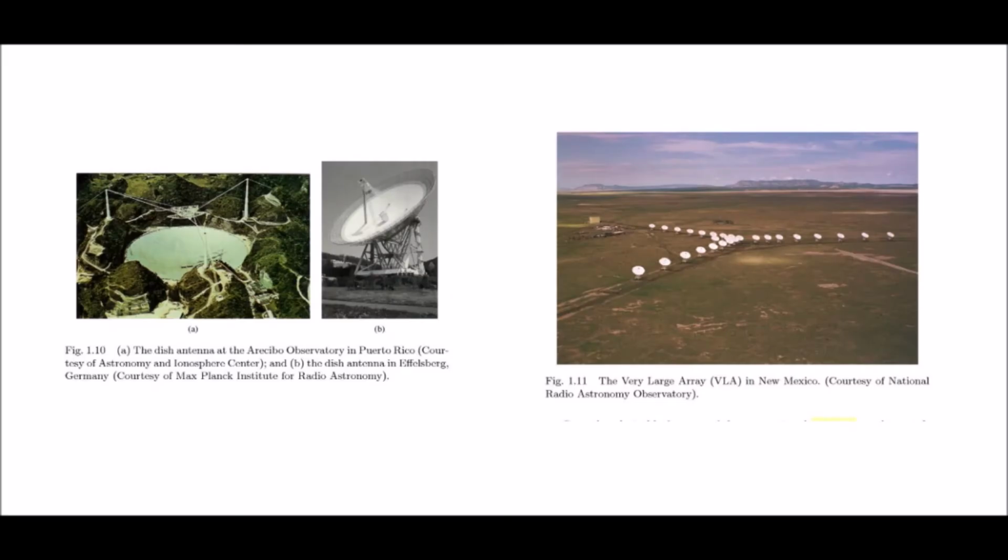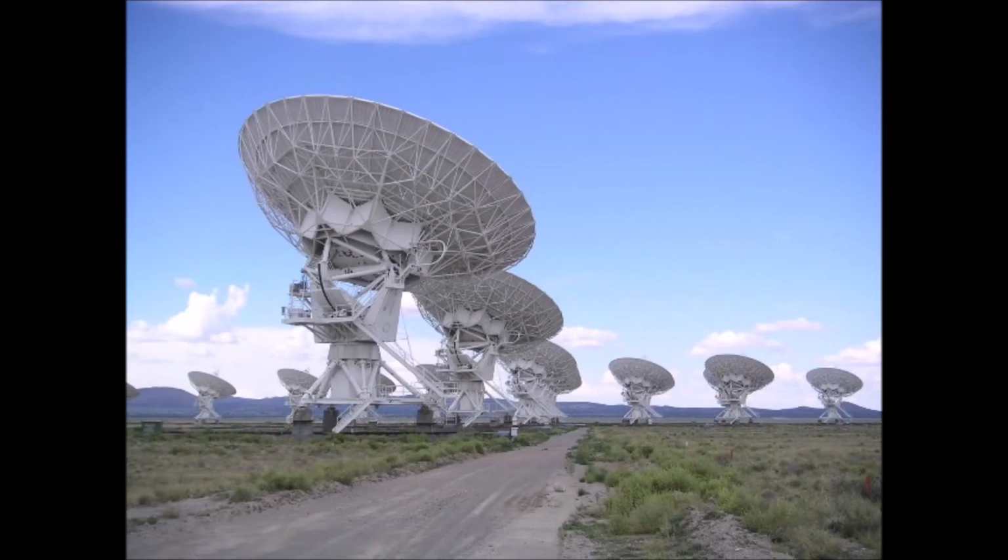The former is the world's largest dish, but it is fixed on the ground, although the main beam can be steered to a limited extent by electronic means. The latter is one of the world's largest fully steerable dishes. Figure 1.11 shows the Very Large Array, VLA, in New Mexico, consisting of 27 85-feet dishes arranged in the form of the letter Y.